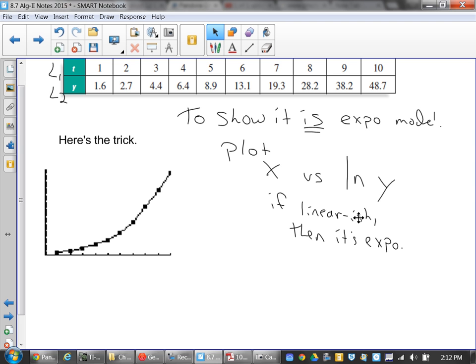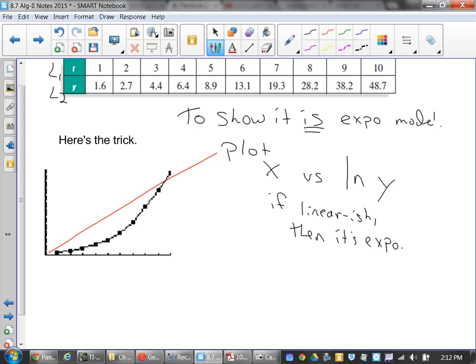Yes, L and Y is a natural log. And I'll show you how we can do this really fast in the calculator. And yes, that says linear-ish. What would linear-ish look like? Straight-ish. Very good. If I take the x values versus the natural log of y, it should look kind of like that. If it does, then it fits the idea that it's an exponential model.